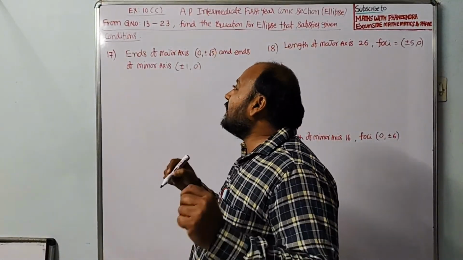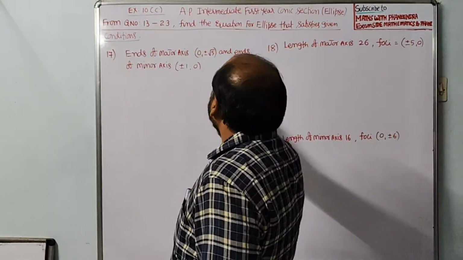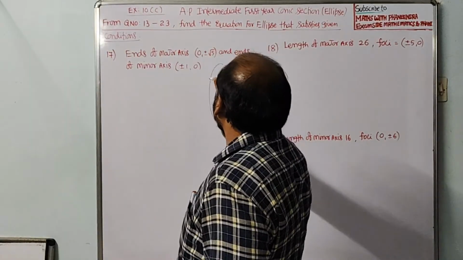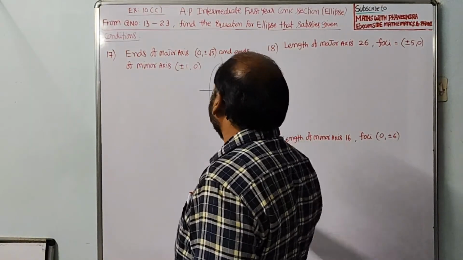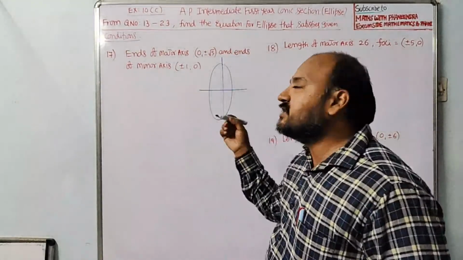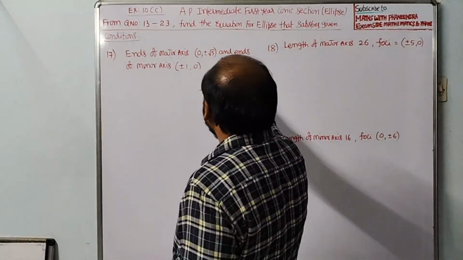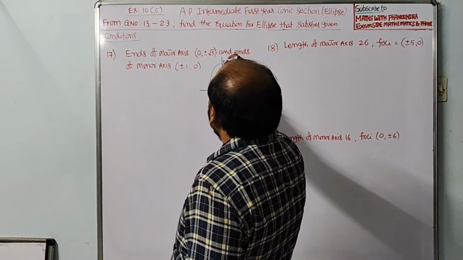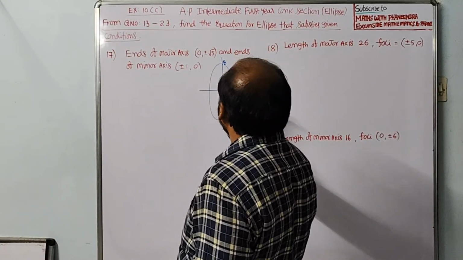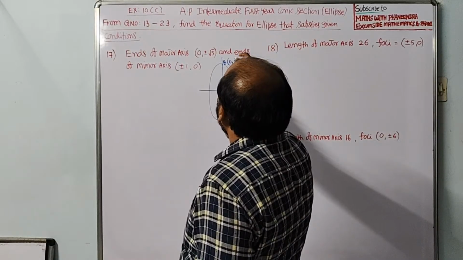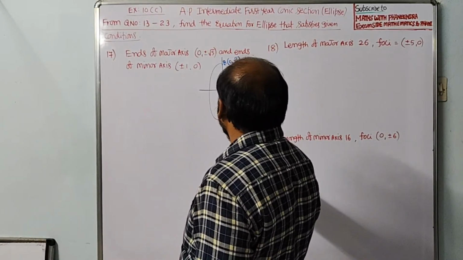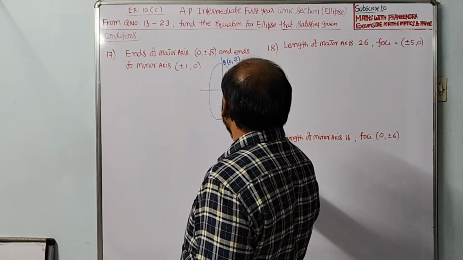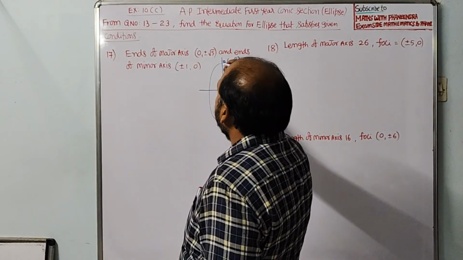So we can understand that the ellipse will be vertical. Why? Because root 5 is 2 point something, greater than 1. So it is B dash, 0 comma root 5, 0 comma minus root 5, ends of the major axis.